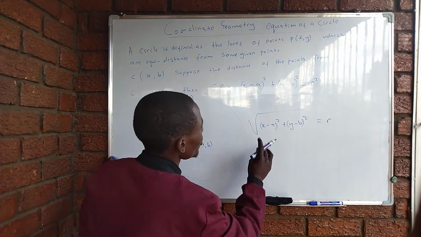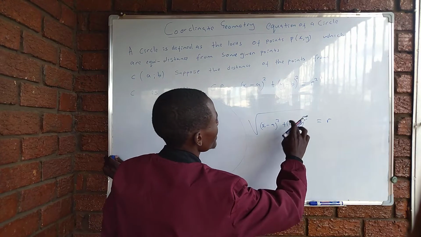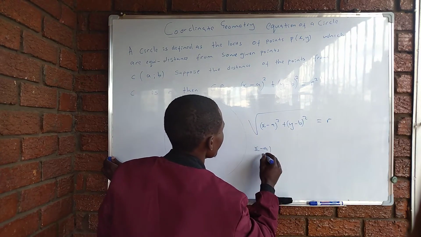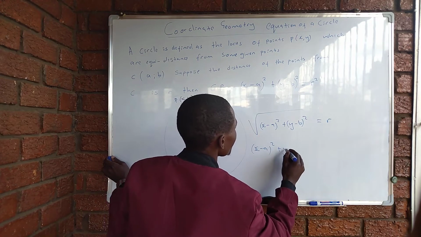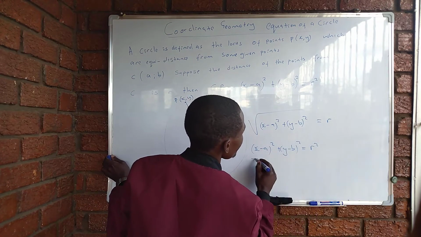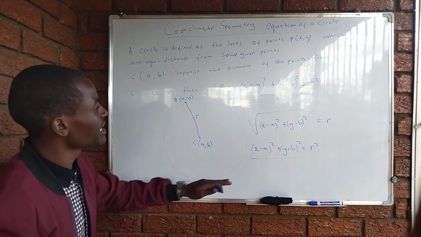So we square both sides, so we get (x minus a) squared plus (y minus b) squared is equal to r squared. This is the equation of a circle.